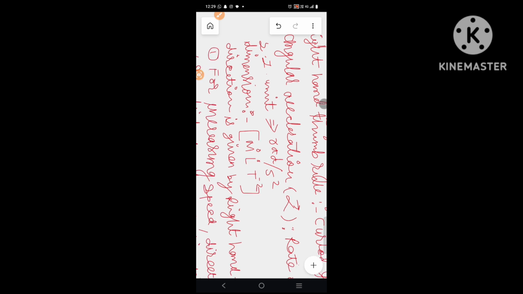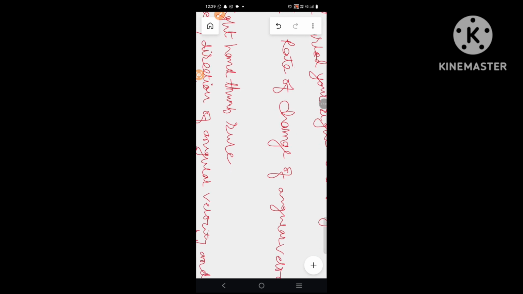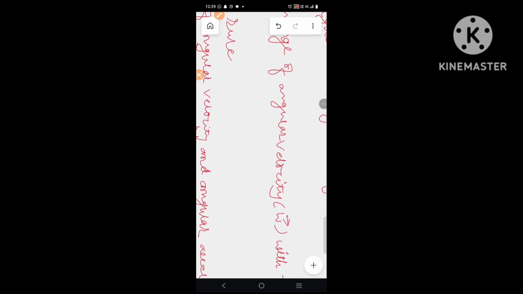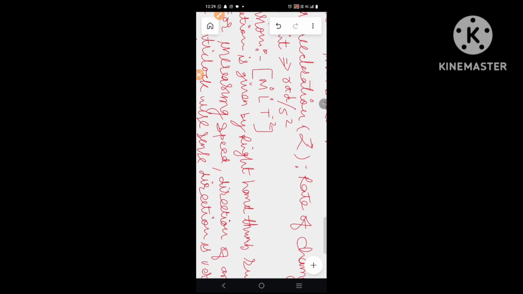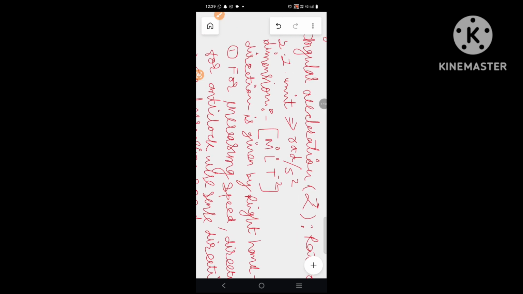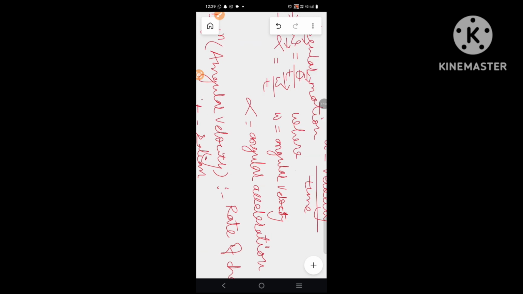Now let us see angular acceleration, denoted by alpha vector. It is the rate of change of angular velocity omega vector with time. Let us see its formula: alpha vector is equal to omega vector upon t.